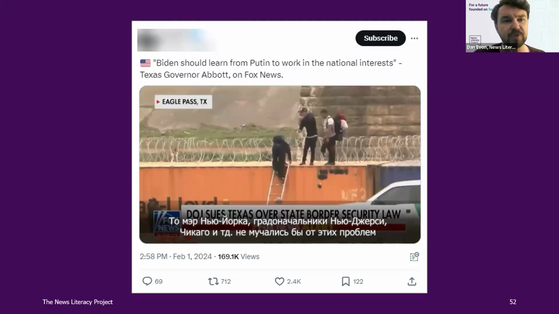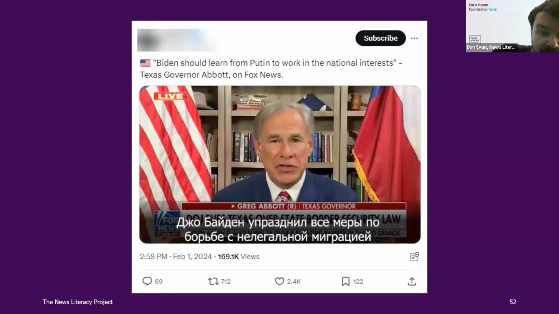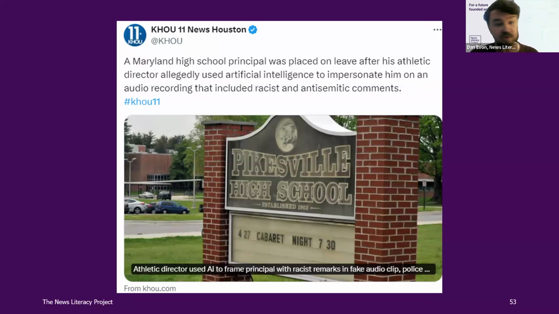So you can see how with audio, there are a lot more deceptive tactics that people can use to spread these fake audio clips in a really convincing package. You start with a real set of images, and then you transition into a voice clone. It can be very easy to be fooled by that. And sometimes you don't even need the visual.